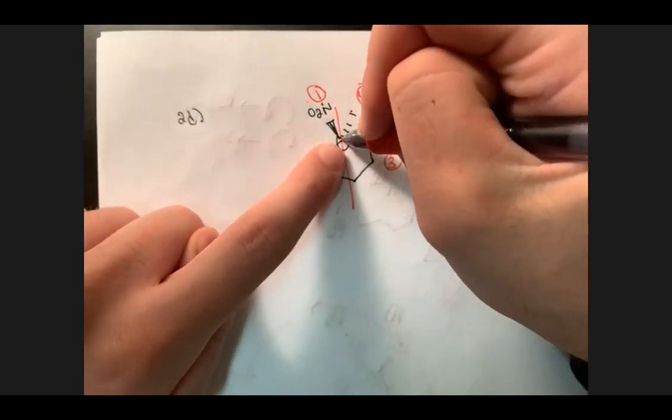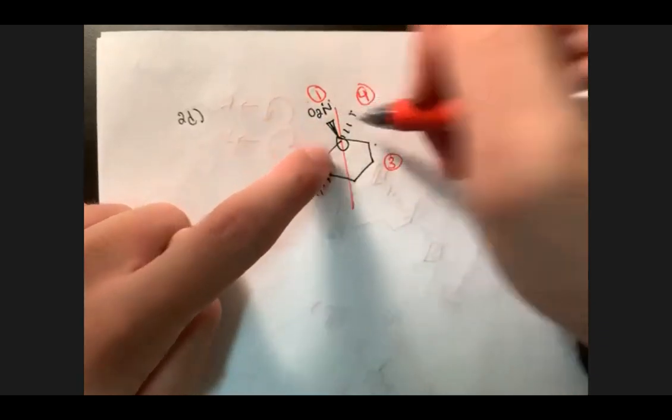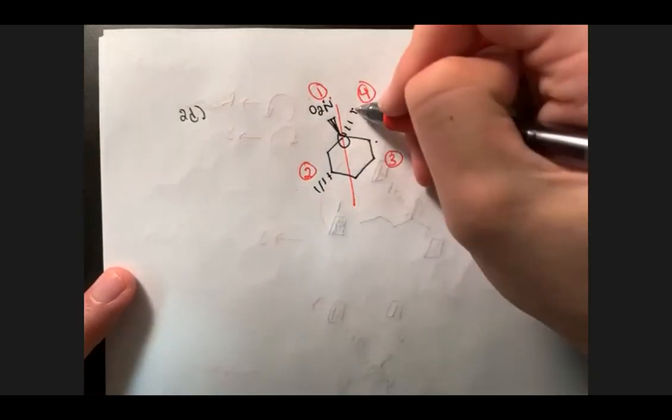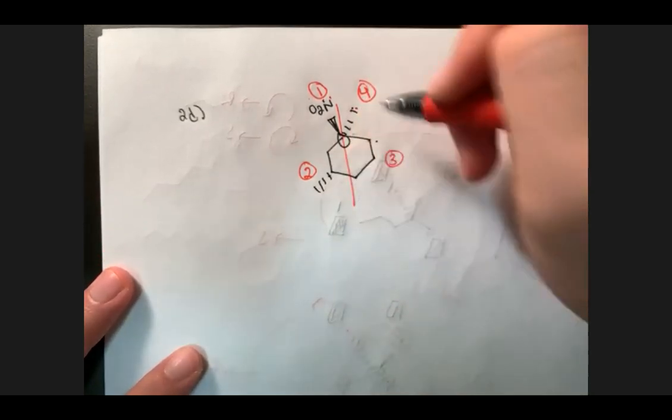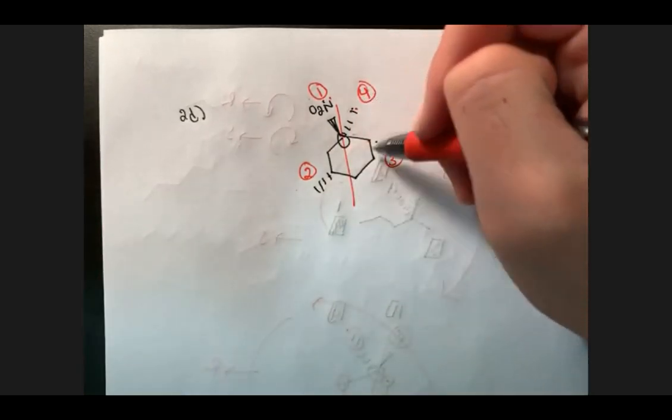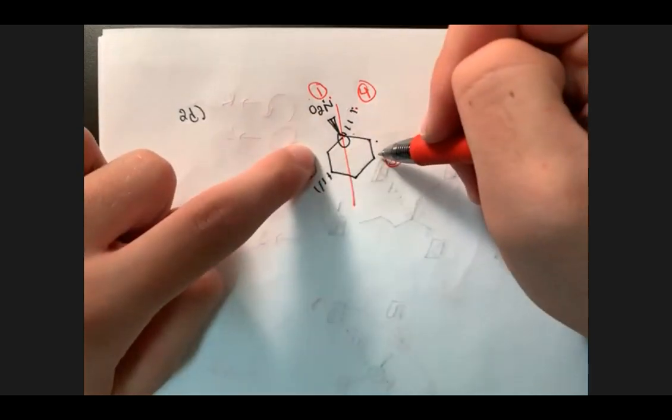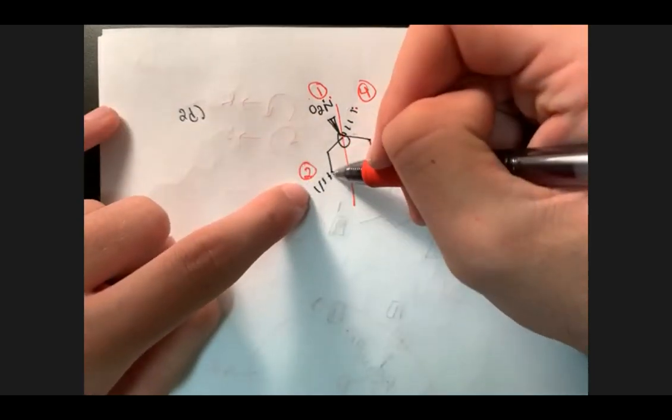How did I know that? The first atoms attached to this chiral center are a nitrogen, a carbon, and a carbon. So that really just tells me 1. Then I look a little more closely. This substituent is just CH3. This one is a whole bunch of carbons in the ring. This one is a whole bunch of carbons in the ring. So this CH3 clearly has to be 4. Then, from the left versus the right side, the left side has all these carbons and a methyl group.